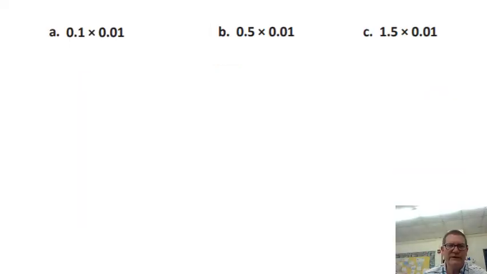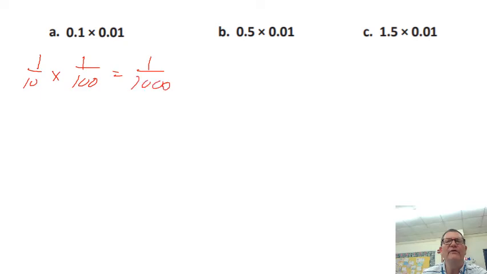Okay, so let's see what we can do now. I really think the best strategy is changing them to fractions. I will show you how to multiply them numerically though. But let's try this first. I have 1/10, and we're going to multiply that by 1/100. That equals 1/1,000. That means I put the 1 in the thousandths place. Okay, pretty simple.